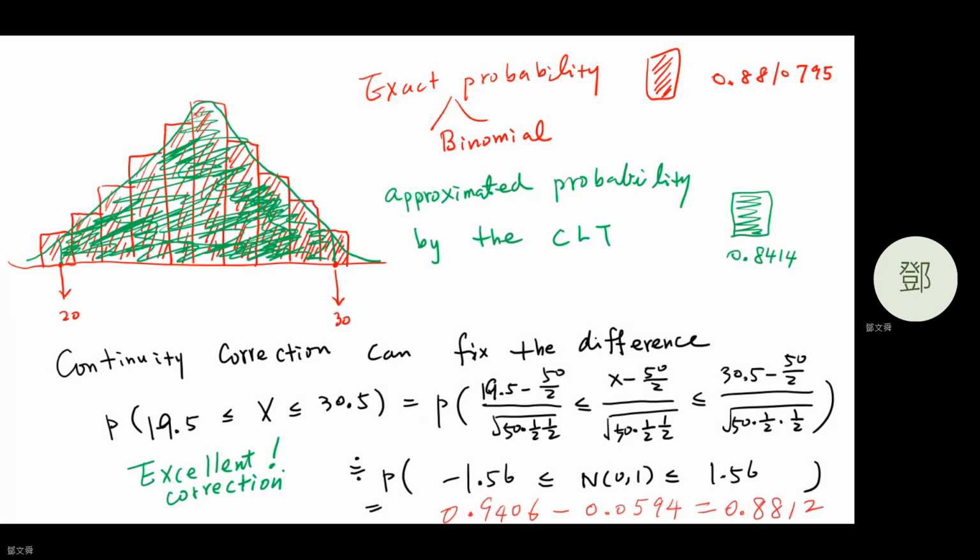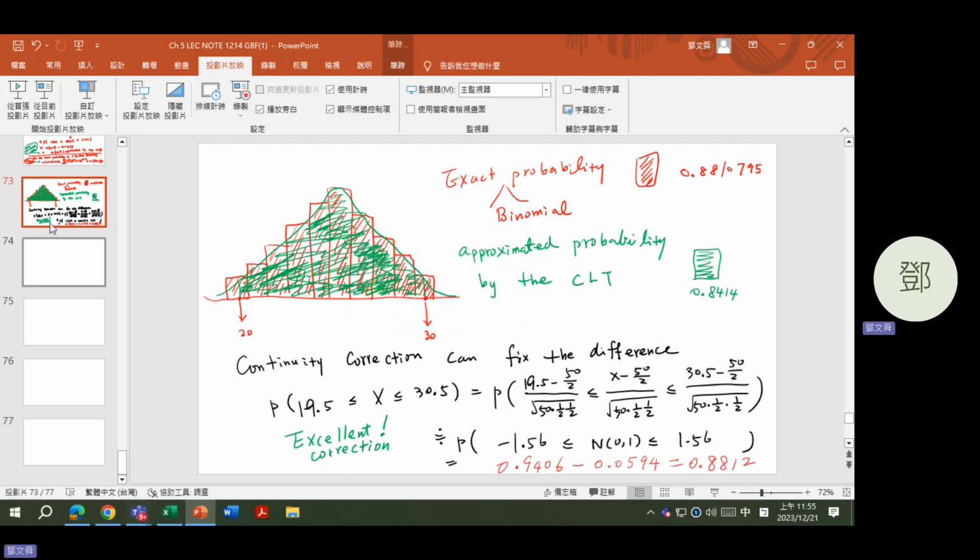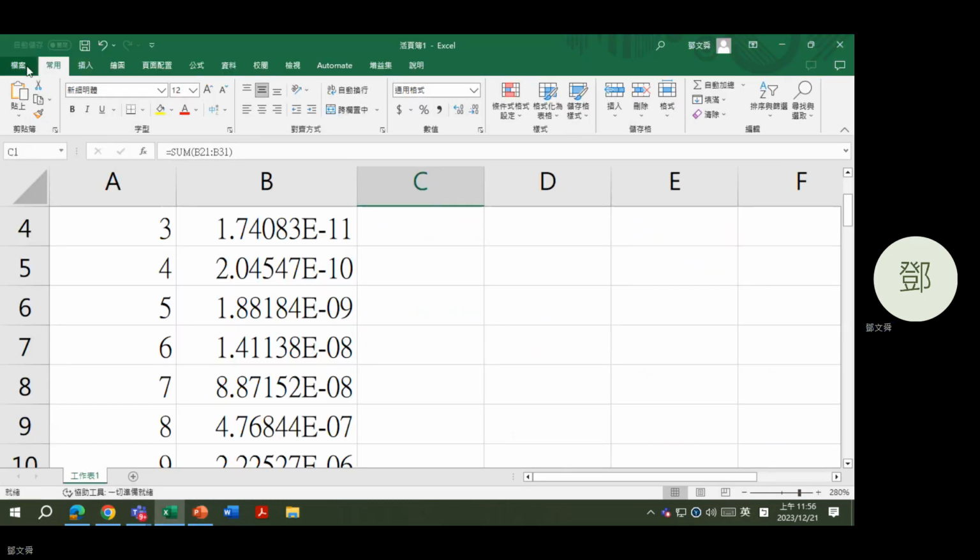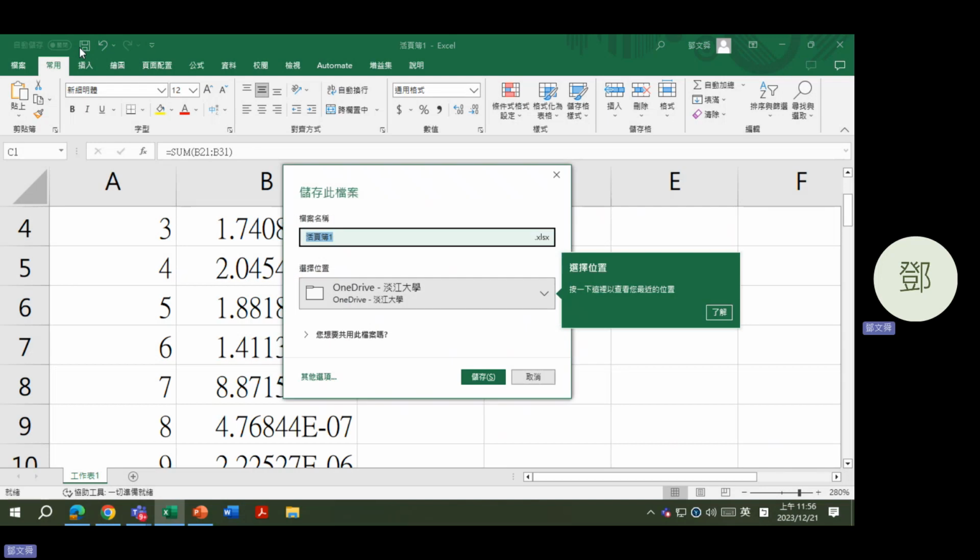Okay. All right. So before I forget, let me upload the file here. The exact binomial probability.